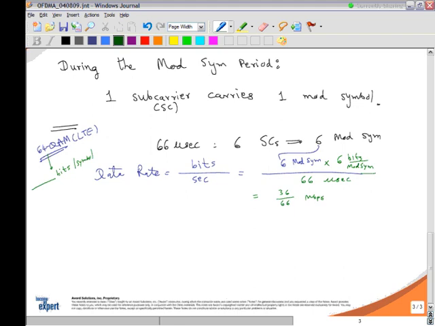So let me just simplify. So let's say about half a megabit. So if I have 6 subcarriers, the peak data rate, I am inventing my own acronym, peak data rate.